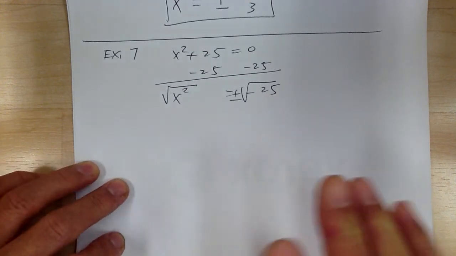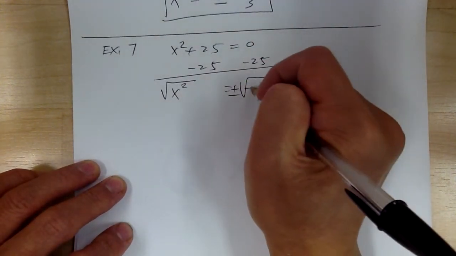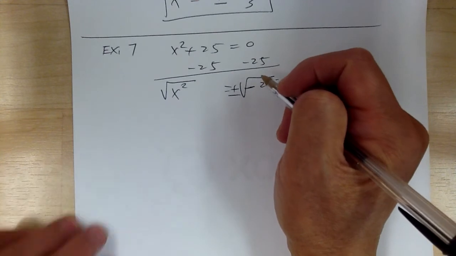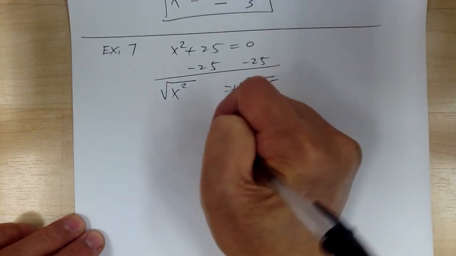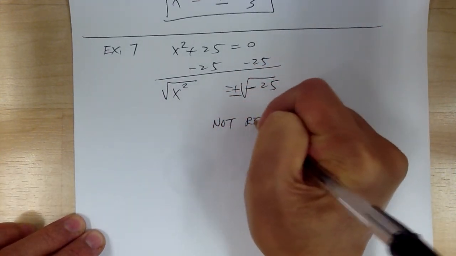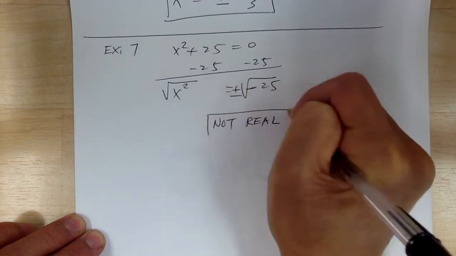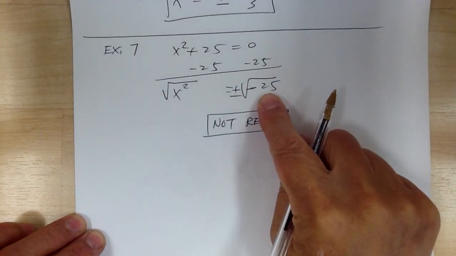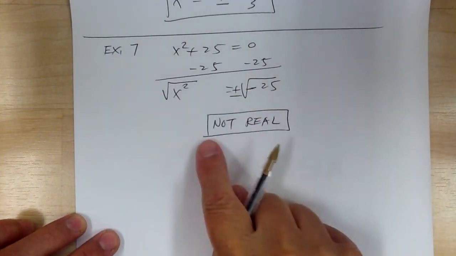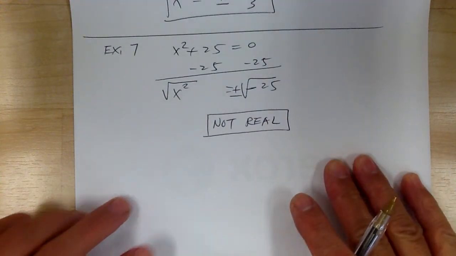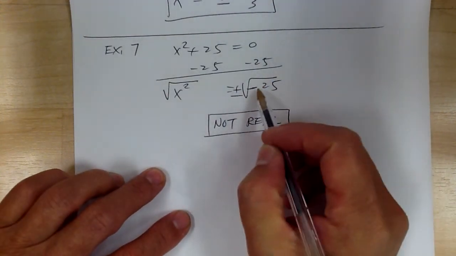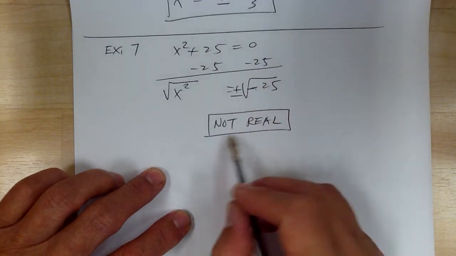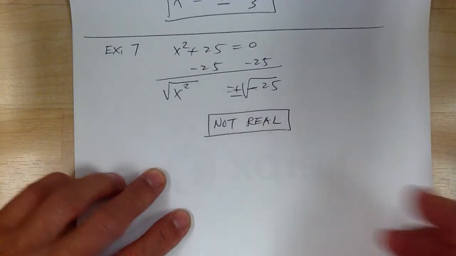Right now you don't know what the answer would be, but you just write down non-real. When you get to algebra 2, you're going to learn what to do with these. But right now you're in algebra 1, so just write down non-real and that's it. So when you have a negative inside the square root, the answer is non-real. Okay, let's go to example 8.